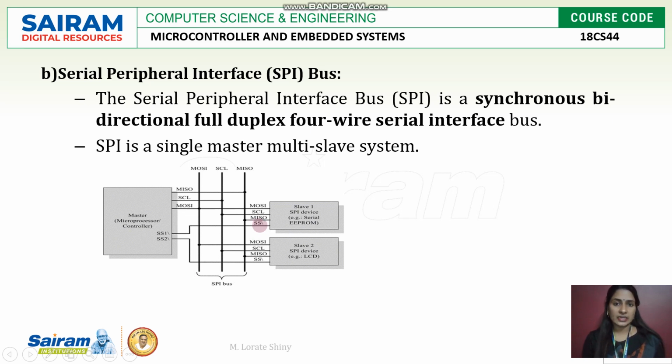This slave select signal is an active low signal, so we must give 0 to enable the signal line. The MOSI bus line is used to carry the signal from master to slave. The MISO signal line is used to carry the data from slave to master. And SS is used to select any one slave from the list of slaves.